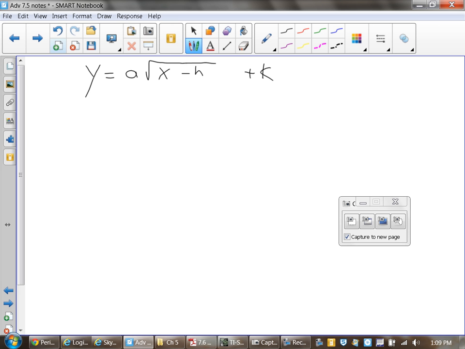Horizontal moves left and right, so you're changing your x values. Your k values move up and down, so you're changing your y values. So when you have a problem like this, it'll ask you to graph y equals negative 2 square root of x plus 1, minus 2. And we're going to graph that.